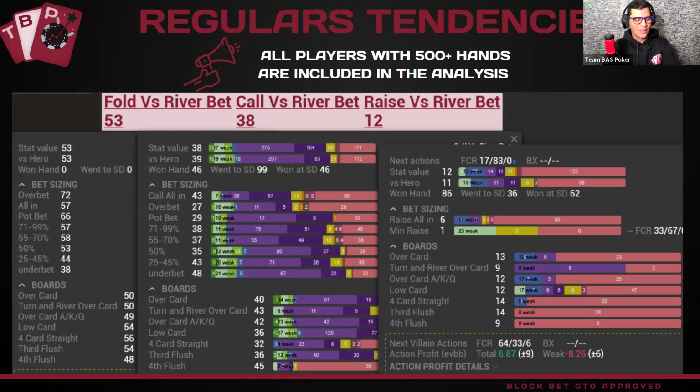This is what happens when I'm doing one-on-ones and I recommend a block bet. The first thing the student says is, yeah, but I will get raised. All right, then we pick the range research, I show the numbers, because just saying it without showing the numbers is never enough.